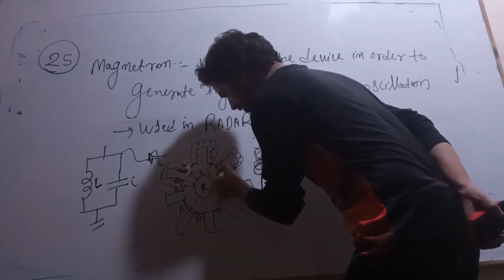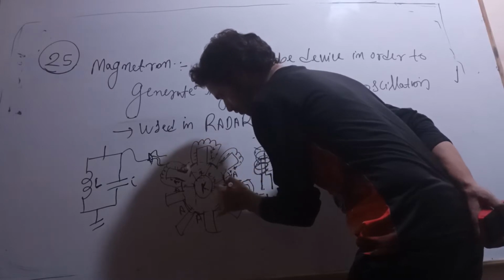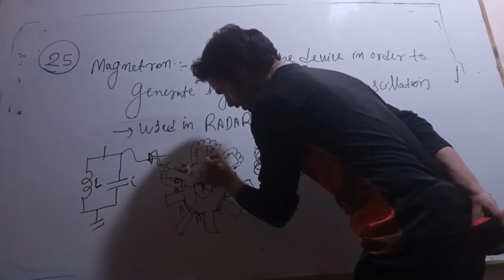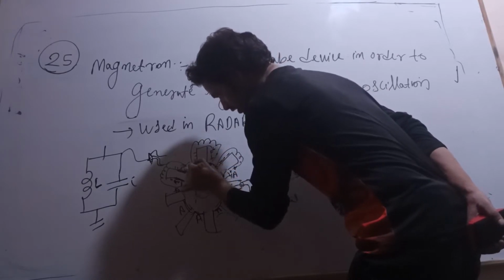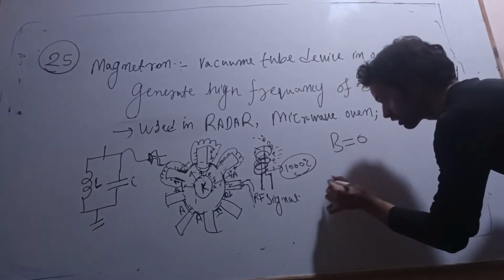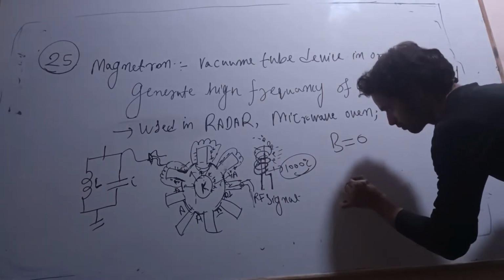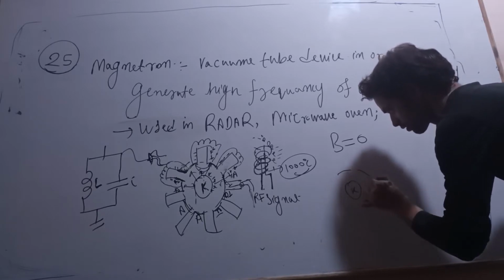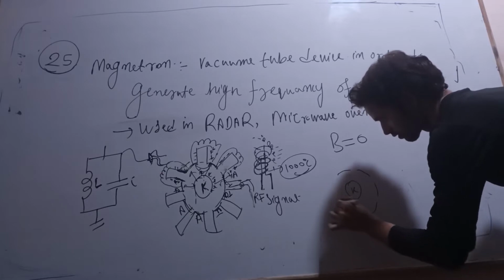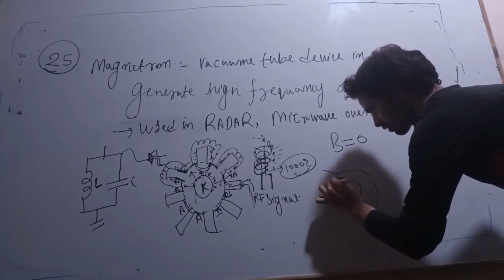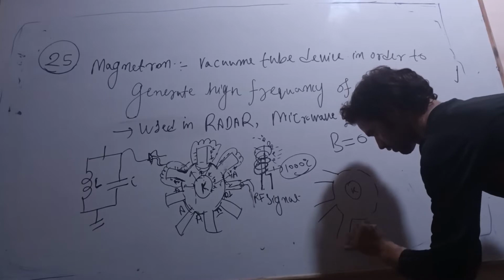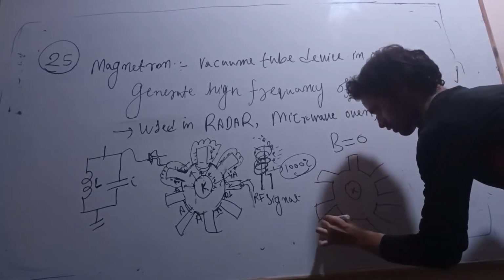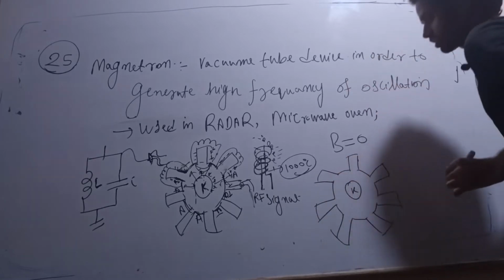Here a magnetic field will get formed. If you see here, positive to negative side, like this. Here you see, this is the cathode.